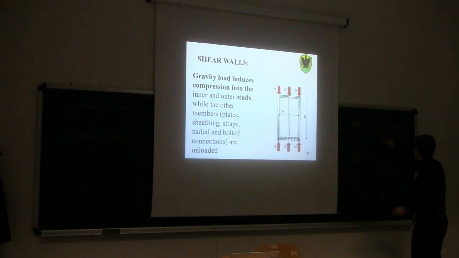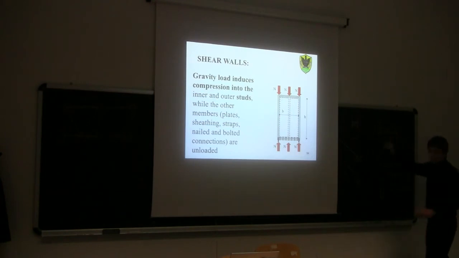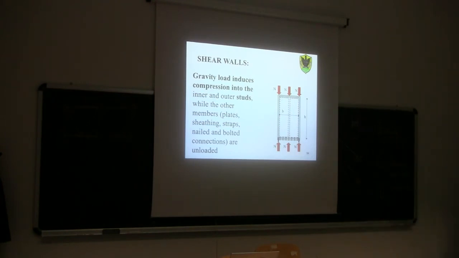If the frame is done in this way, which other element do we need to check also? Exactly. We also need to check these members here, the plates, because you see they are stressed perpendicular to the grain. So we have to check compression perpendicular to the grain on the plates.